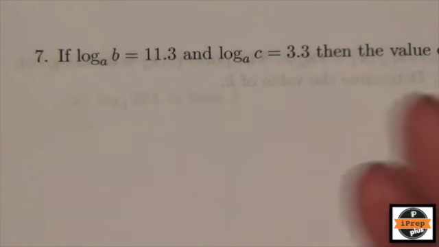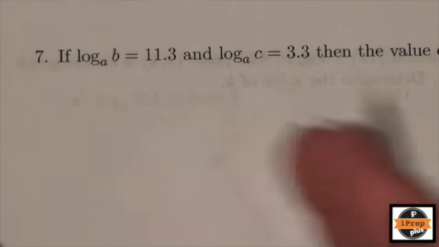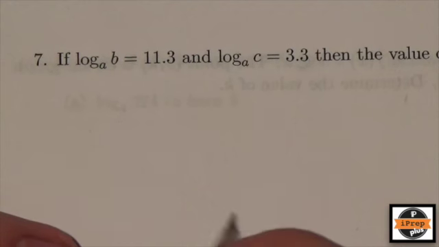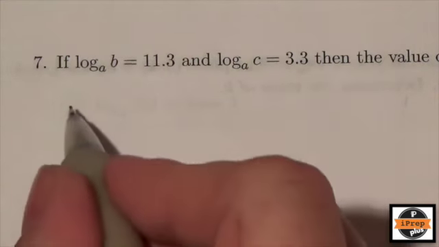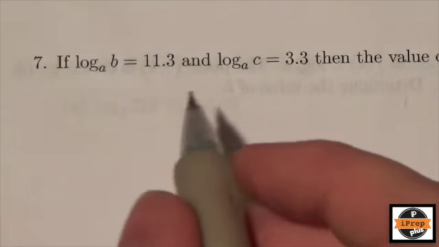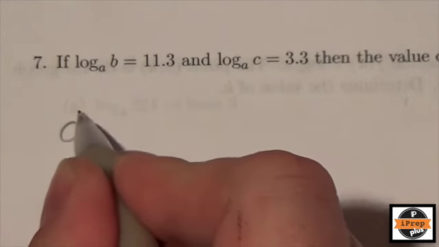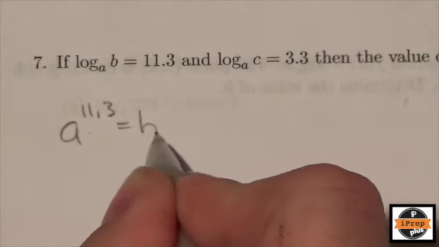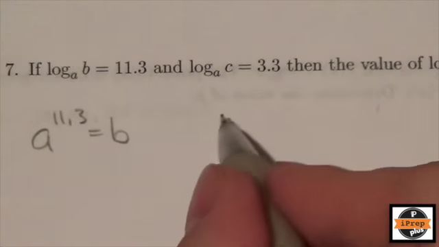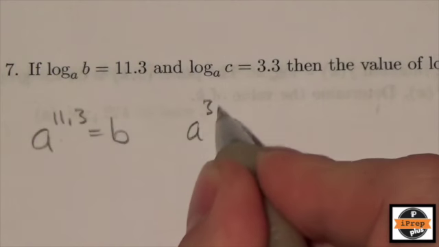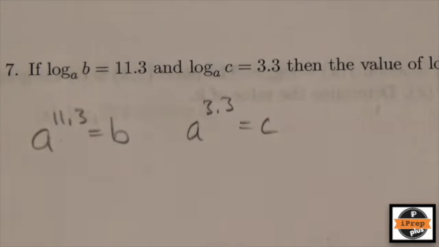Assuming at this point that you haven't done a lot of work with the log laws, the first thing we might do is convert this to the exponential form to get information about b out of that. So we'll know that a to the 11.3 is equal to b. Then we'll do the same thing with that second logarithm, and we'll get a to the 3.3 is equal to c.